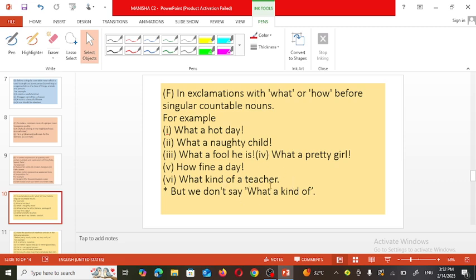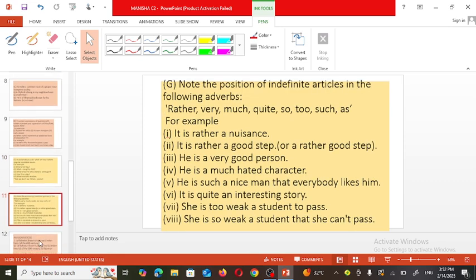It means what kind of a teacher. But we don't say what a kind of. It should be what kind of a teacher. So this is how we use article a in these exclamatory forms of sentences.